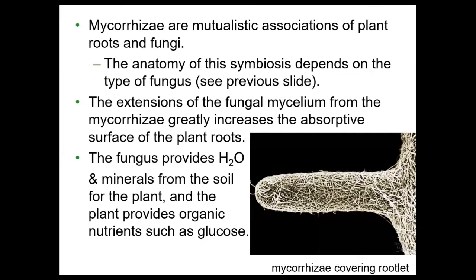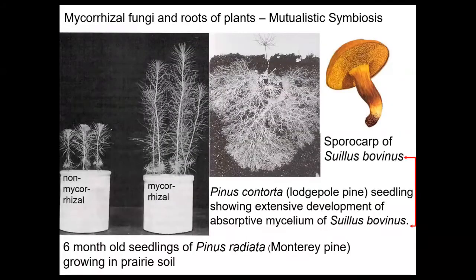It's like having your own pharmacy. All right, but anyway, this slide shows how much better the gymnosperms do when they form relationships with mycorrhizae. These are 6-month-old Pinus radiata, Monterey pine, seedlings growing in prairie soil, and then without the mycorrhizae, they look stunted. Same age, but look how much healthier they are with the mycorrhizae.